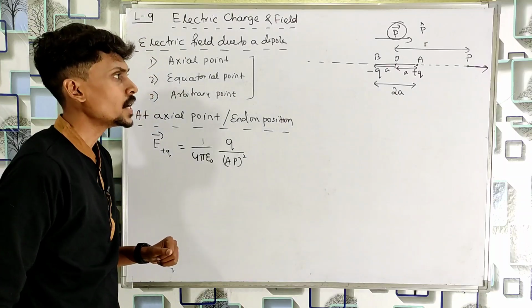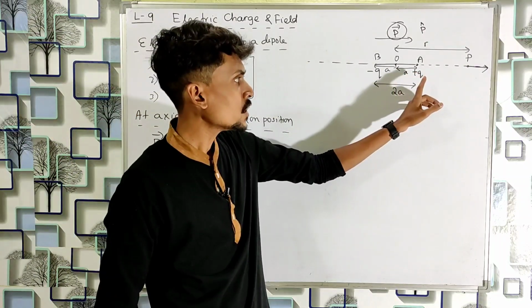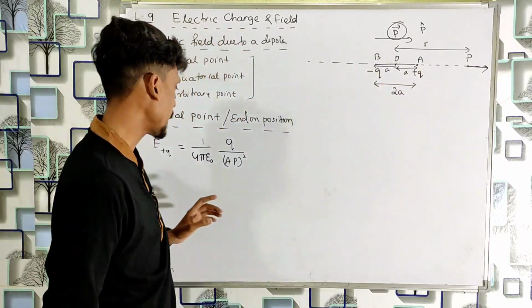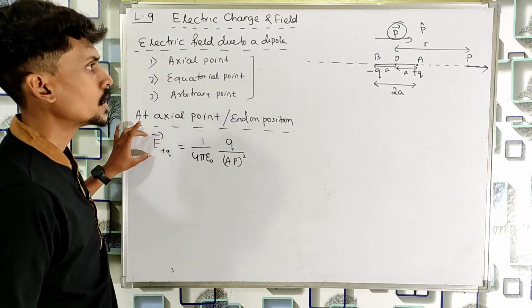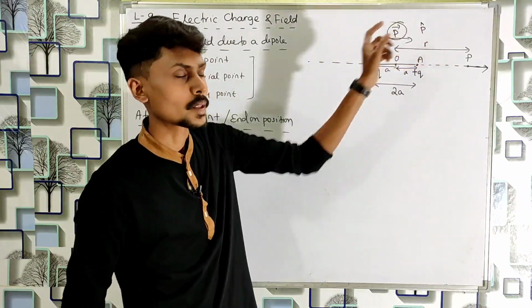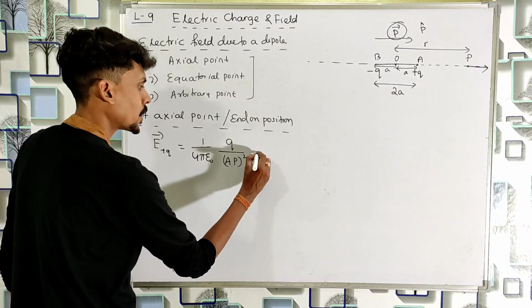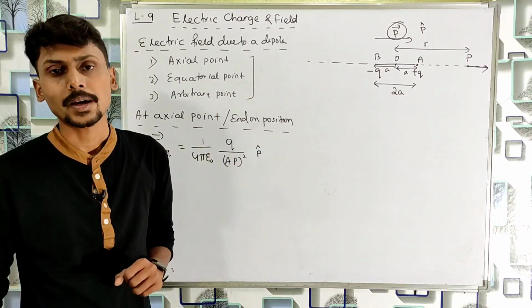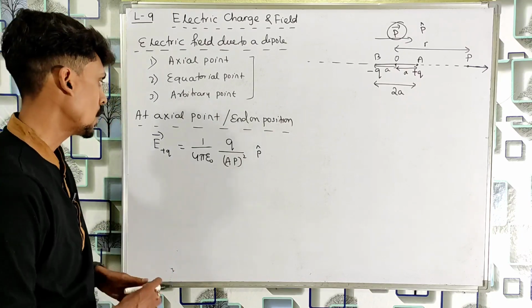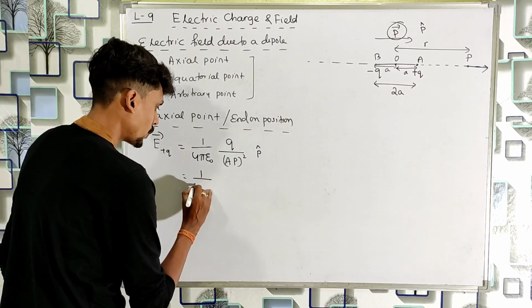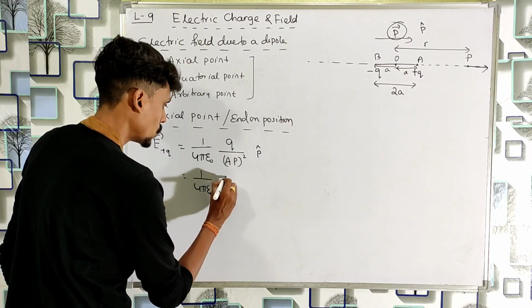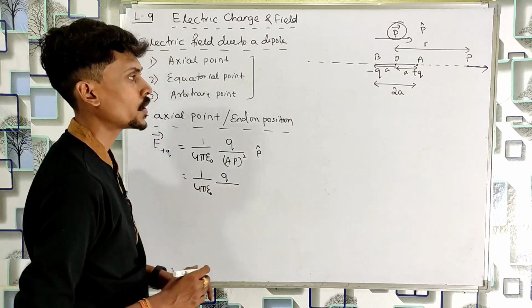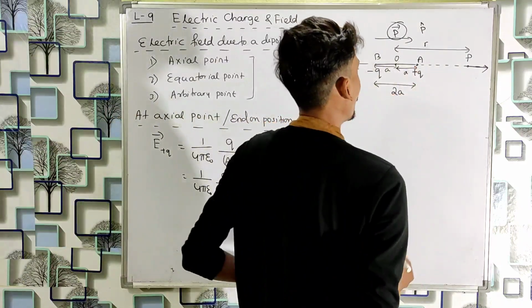So you can see that the direction of E plus q is along P cap. Is that clear? So 1 by 4 pi epsilon naught q divided by AP. What is the value of AP?